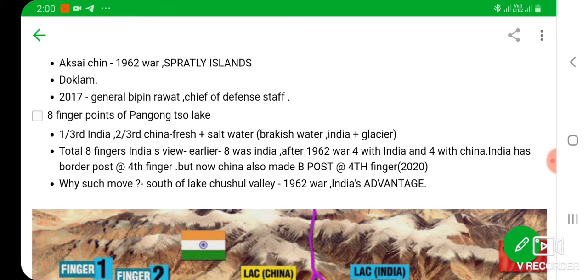Before the 1962 war, the total 8 finger points were India's holding, but after the 1962 war this changed. Now out of the total 8 mountains, 4 are for India and 4 are for China.